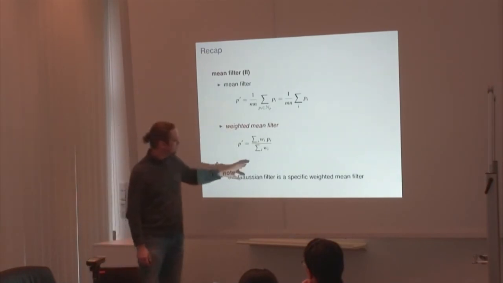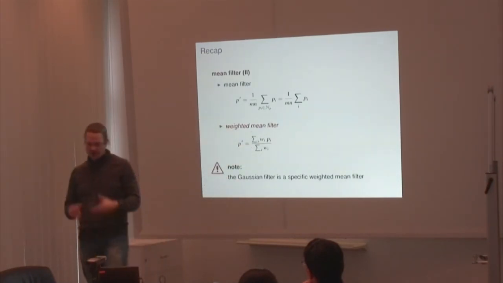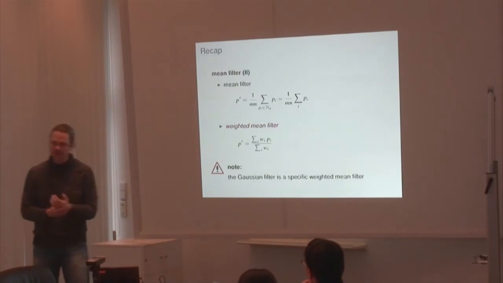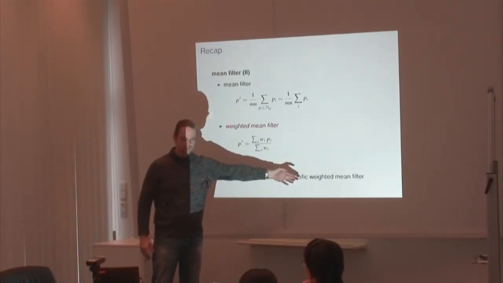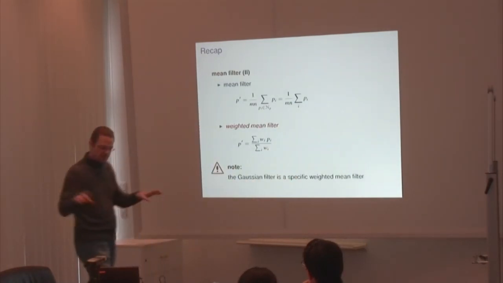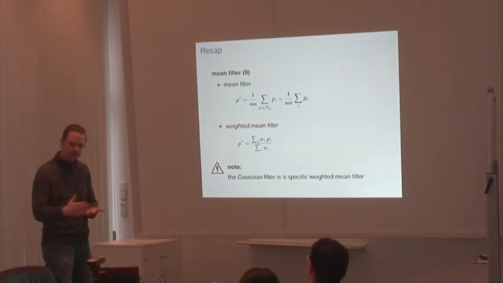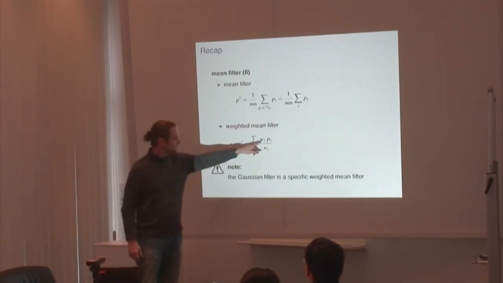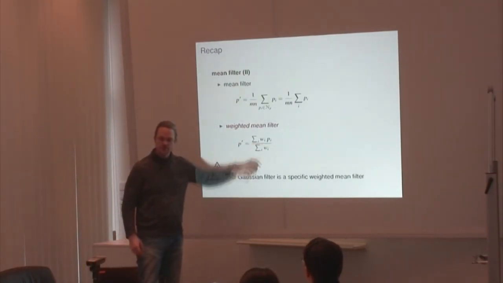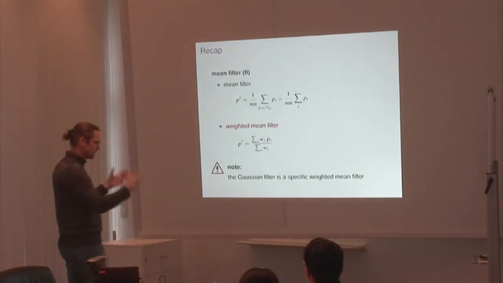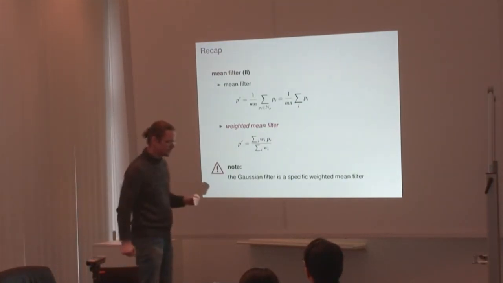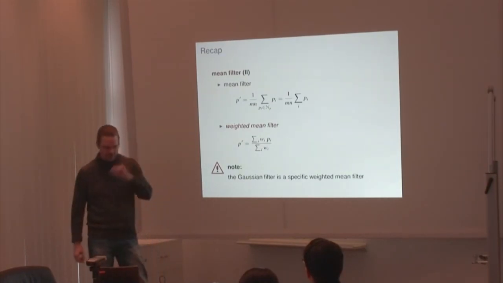we recognize that the Gaussian filters we have been studying before are nothing but weighted mean filters. Because when we do convolution with the Gaussian, we actually do have these weights here. Those are the values contained in the convolution mask. And we spent some time on discussing how to compute the values for a one-dimensional Gaussian convolution mask at least.